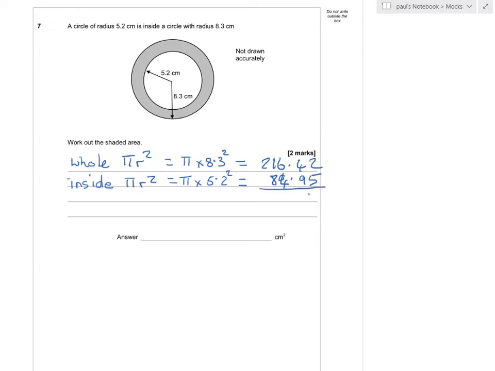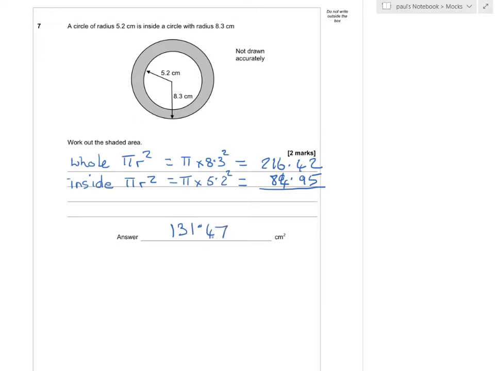So take one away from the other. 216.42 subtract 84.95, and I get 131.47. 131.47.